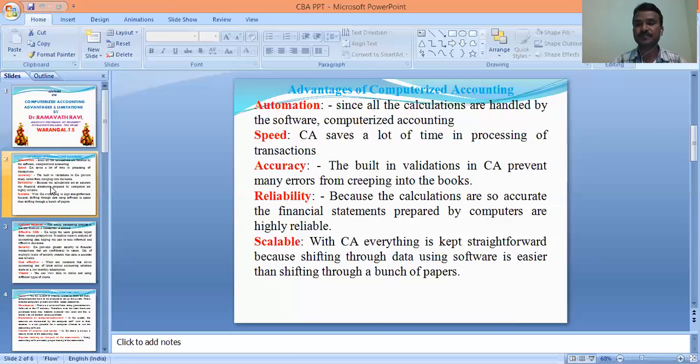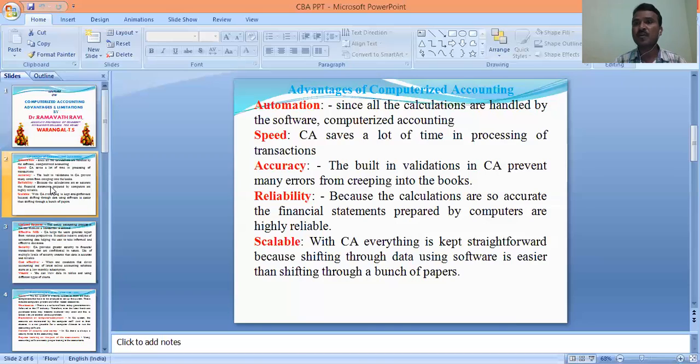And reliability. Reliability is very important in the case of financial transactions, accuracy, and whatever data we are providing. People inside and outside of the organization have to believe it. How can they believe me?